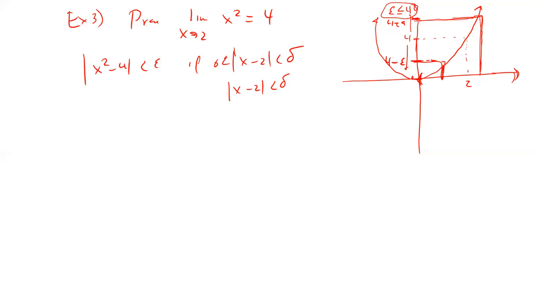Okay, so now let me think about this range right here and this range right here. This is what I want to see. And that range of things, you guys agree, this little piece right here is going to be 2 minus the square root of 4 minus epsilon. We'll get there in just a second.